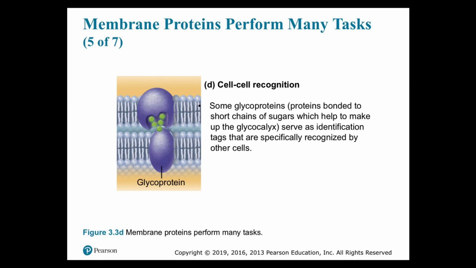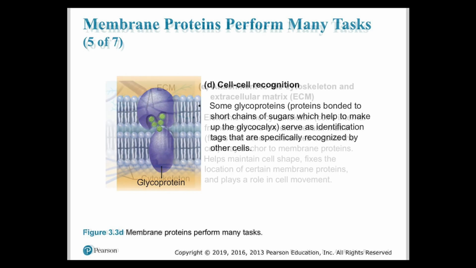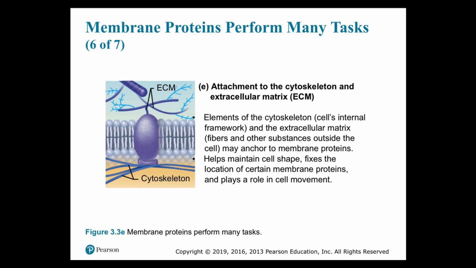Some glycoproteins, remember these are examples of oligosaccharides that are bonded to proteins that make up the glycocalyx, serve as identification tags that are specifically recognized by other cells. Figure 3.3e, some membrane proteins serve as attachment to the cytoskeleton and extracellular matrix.